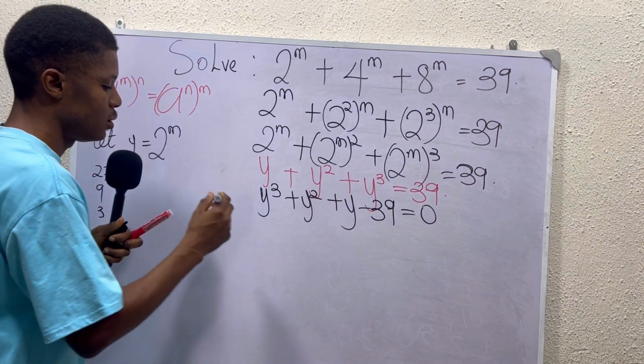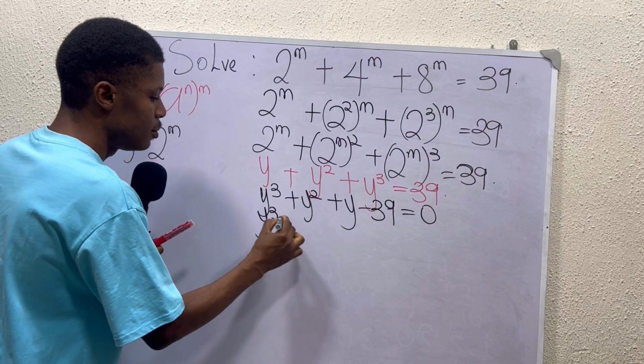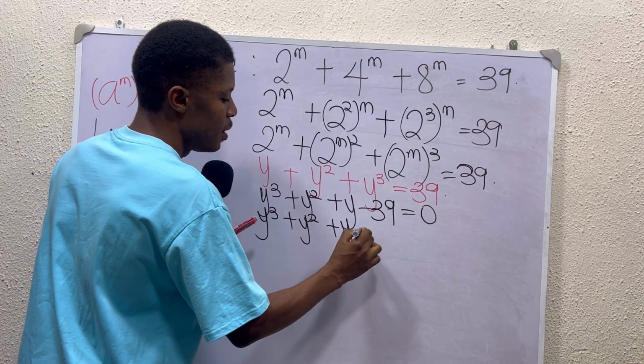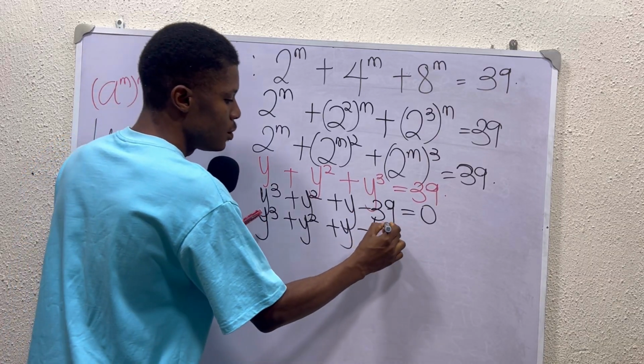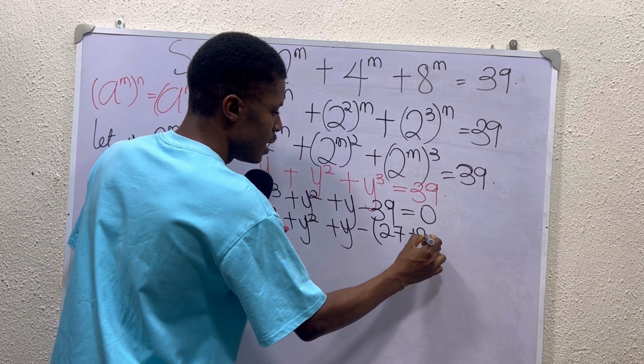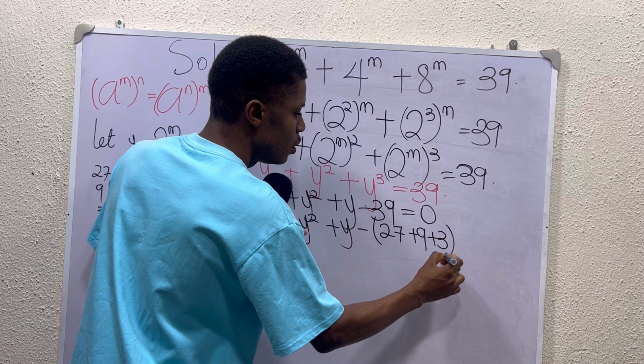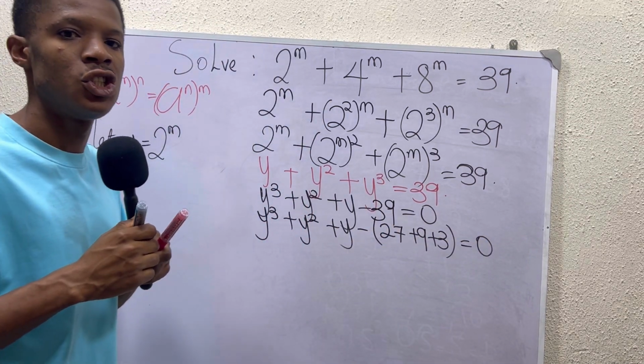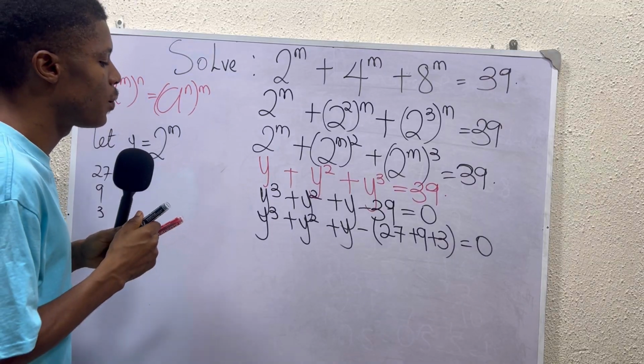So what do we have to do? We have it as y cubed plus y squared plus y, then minus, we'll now use 27 plus 9 plus 3. You know, all this equals what? 39. So nothing changed.